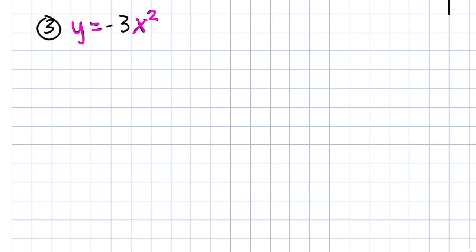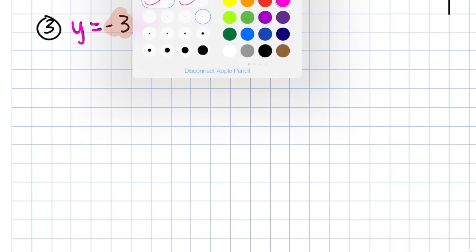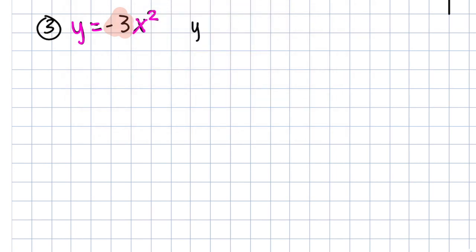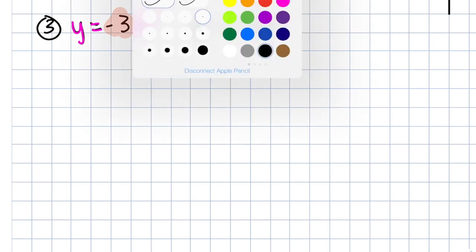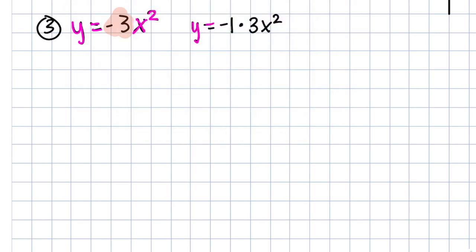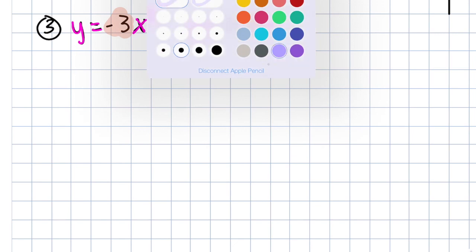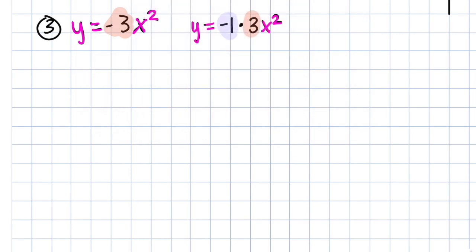And so another way to look at this is to split it so that you have y equals negative 1 times 3 x squared. And so then our parent function is y equals x squared. Then you can see, oh, I'm stretching by 3, but I'm also reflecting by negative 1. So this one's going to be opening down.